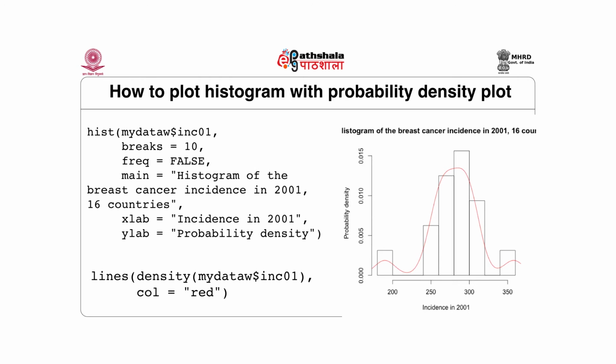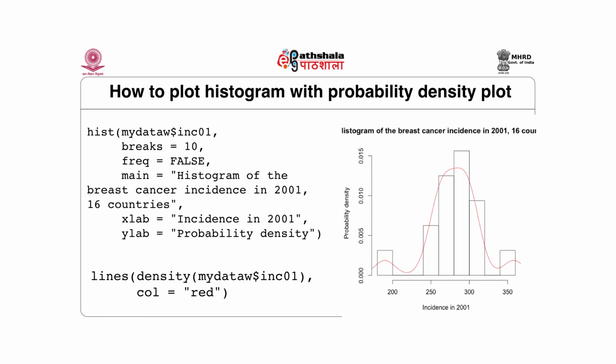There are a few options that are very important. For example, in a histogram, you need to give breaks, which means in how many different bars, sections or divisions you're going to break this particular data set's distribution. I could have asked to plot for each of these 10 divisions their frequencies, but I decided that I'm not going to use frequencies. I'm going to use the probability density because I'm interested to also take a look at the density plot. So I said freq, or frequency, and I set it to false.